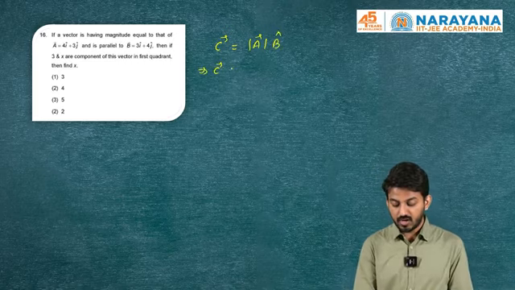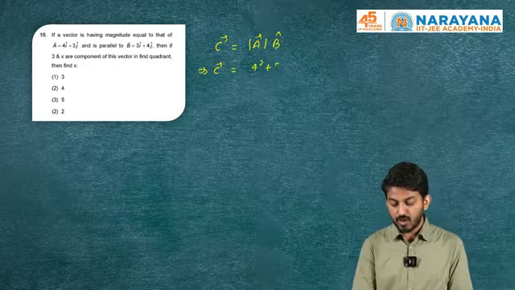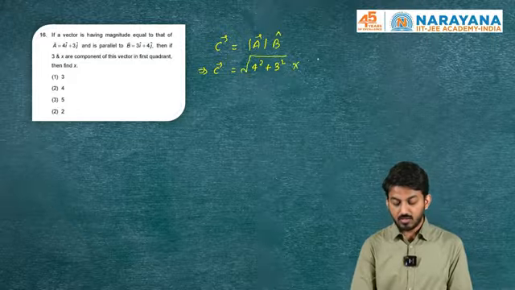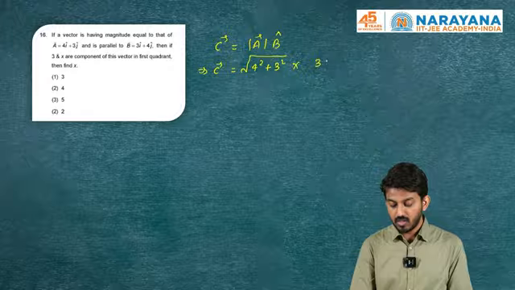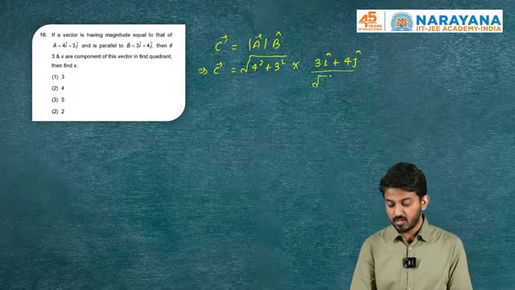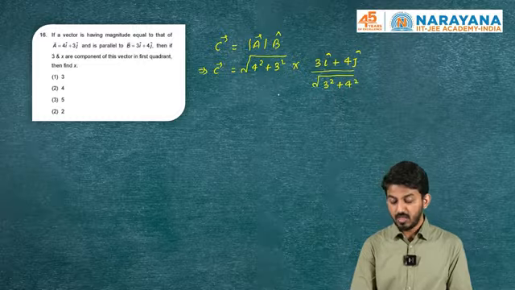So magnitude of a comes out to be the root of 4 square plus 3 square, and the unit vector is going to be 3 i cap plus 4 j cap divided by magnitude of this vector, which is again root of 3 square plus 4 square.